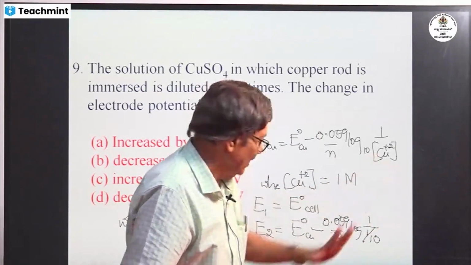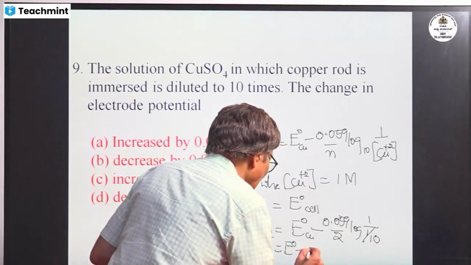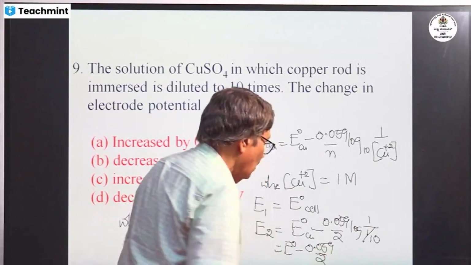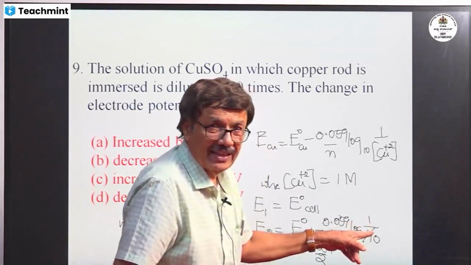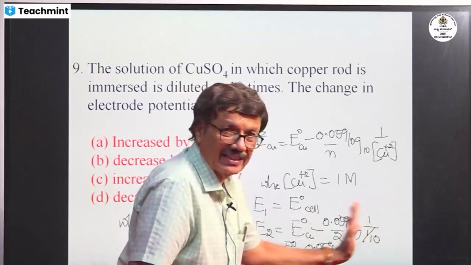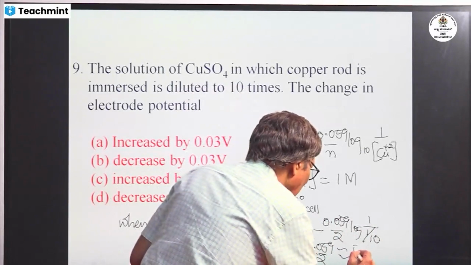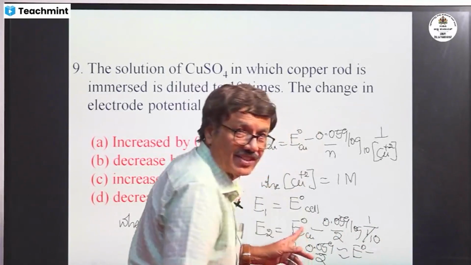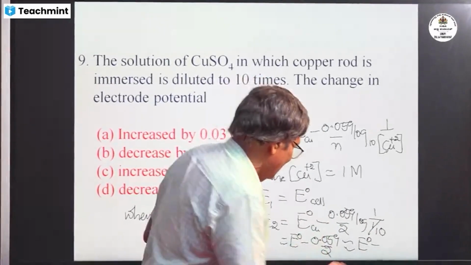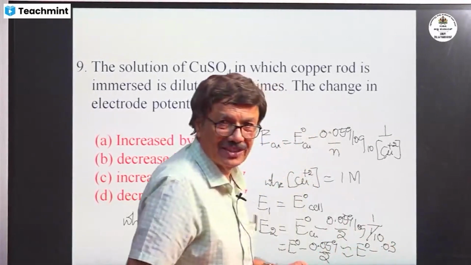Log 10 is 1, so I can write it as E naught minus 0.059 by 2. Roughly it is E naught minus 0.03.